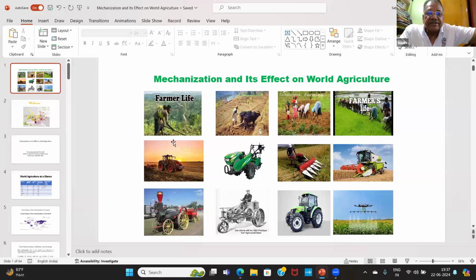So this is a glimpse of development from manual work to the latest technology involved in agriculture all over the world. These small machines like this paddy harvester are from Japan. And the large harvesters are German and from the USA. The harvesters are very big in size, horsepower wise, and the capacity is also very high.